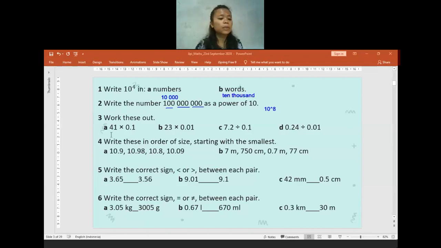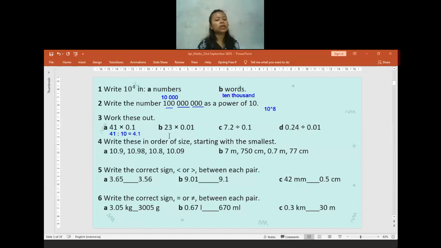When it is a multiplication by 0.1, we normally do 41 divided by 10. The final answer will be 4.1. It will be different for division. Later on, we can change it into a multiplication by 10. But when it is a multiplication, the 0.1, we make it divided by 10.